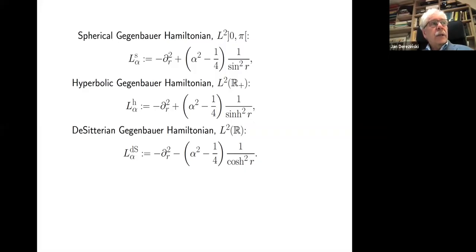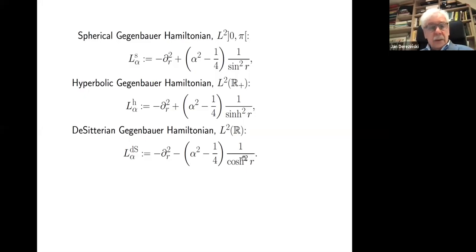Mathematically, it is the one-sheeted hyperboloid. It has a natural D'Alembertian, and you can separate the variables for this D'Alembertian, and you obtain this Schrödinger operator, and that's why we call it the de Siterian.